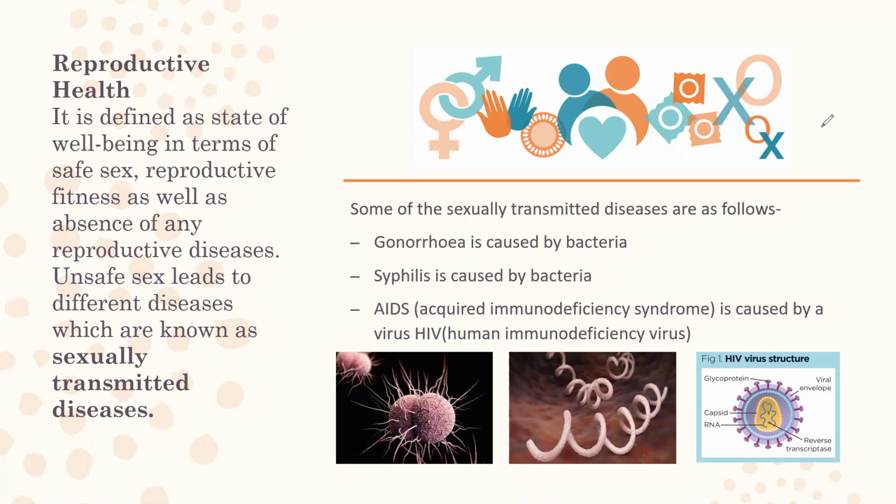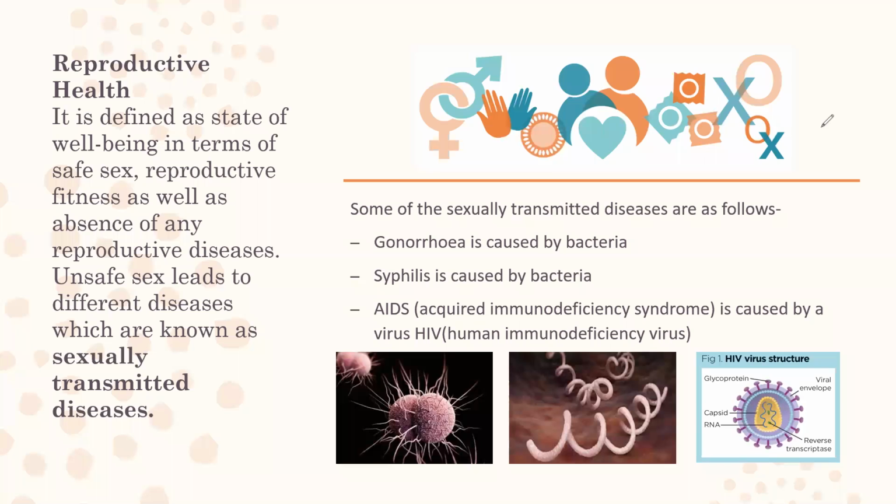The important aspect in reproduction is to discuss reproductive health. It is defined as a state of well-being in terms of safe sex, reproductive fitness, as well as absence of any reproductive diseases. Unsafe sex leads to different diseases which are known as sexually transmitted diseases.